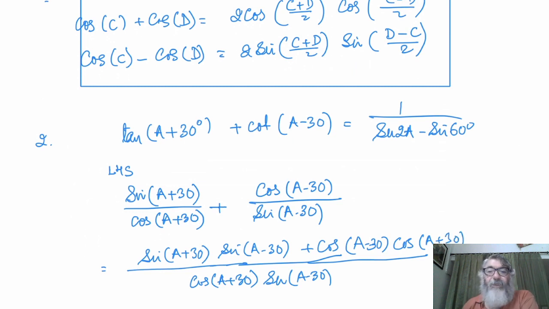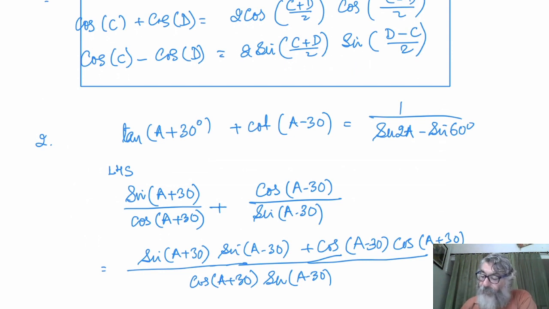Now again what I can do is I need 2 sine C sine D. If you remember, the formulas for 2 sine A sine B and 2 cos A cos B were there.